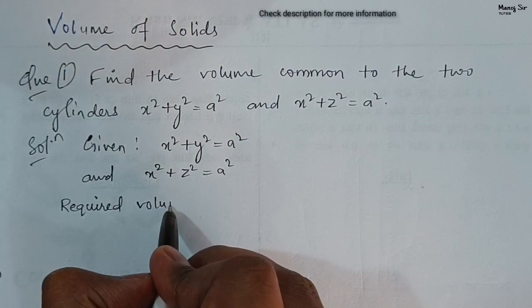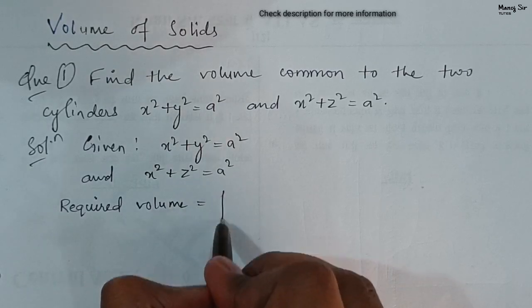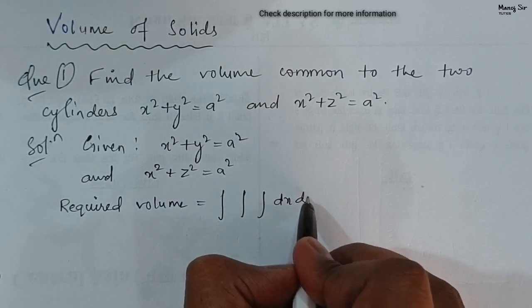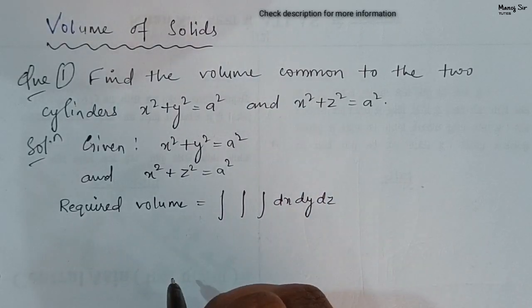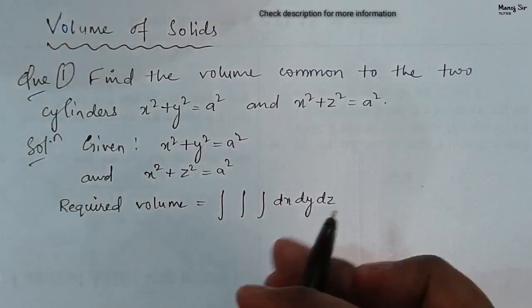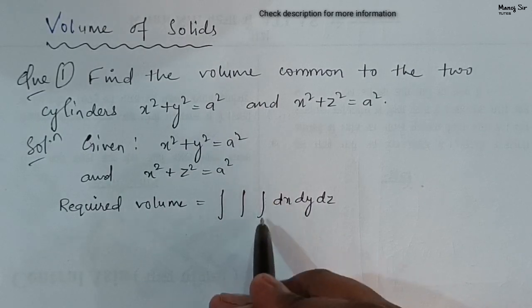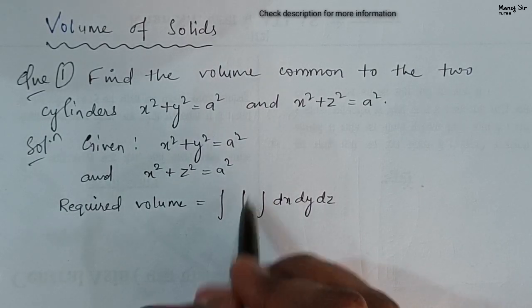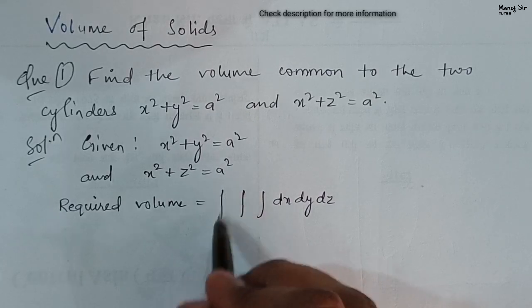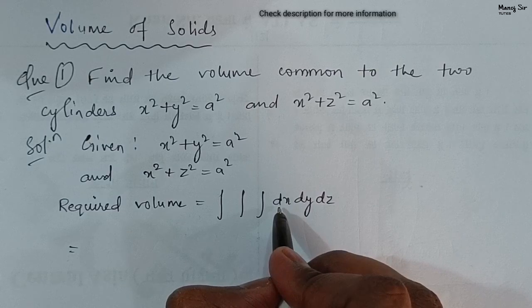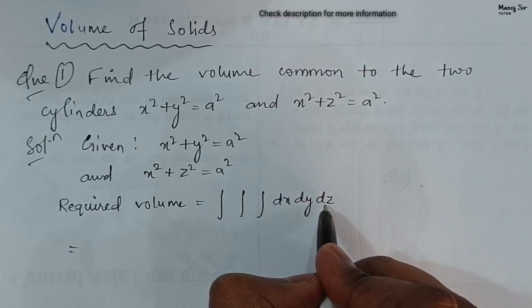So the required volume formula is triple integral dx dy dz. But while writing the limits, here we will put the limits of z, here the limits of y, here the limits of x. So the order of integration should be dz dy dx.